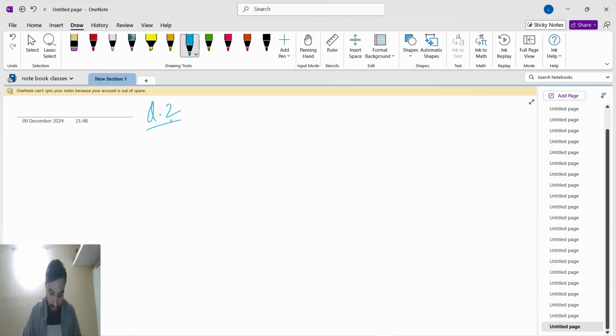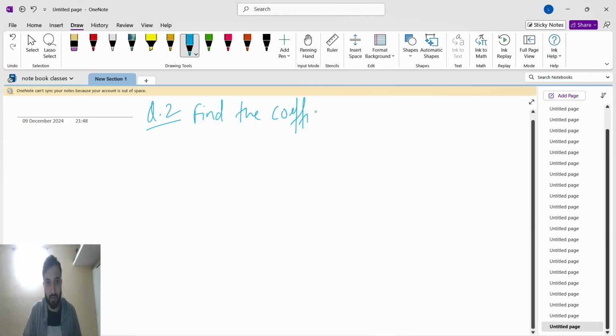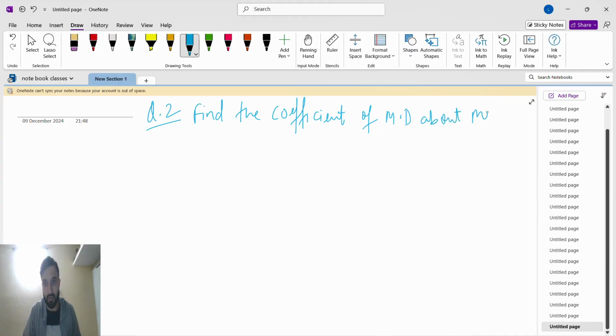Find the coefficient of mean deviation about median for 1, 3, 5, 7, 9.